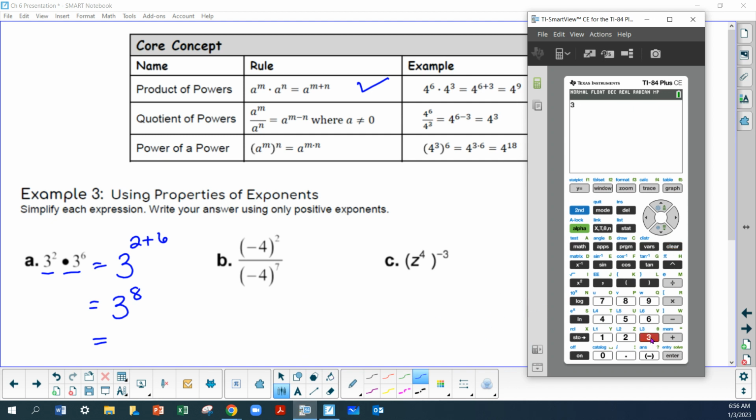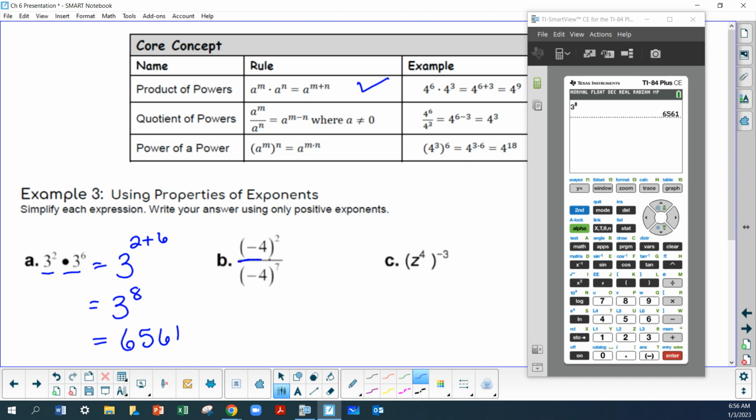I'm going to put 3, use the caret key to get that raised position. Even a scientific should have that caret key. Put 8 in there and enter, and we get 6,561.